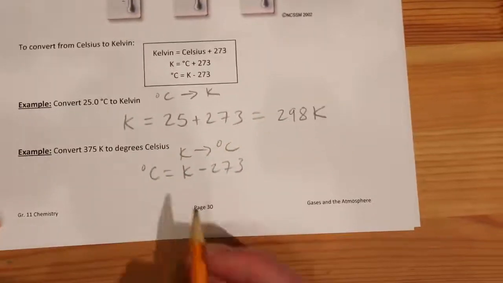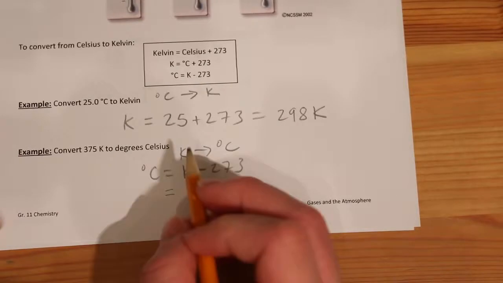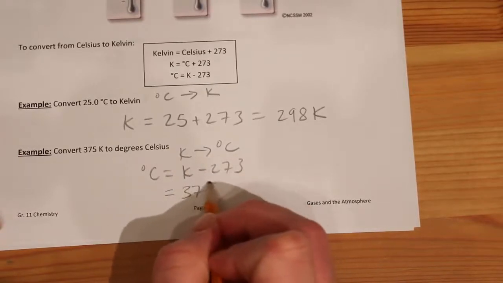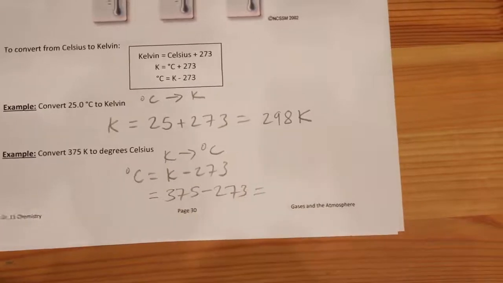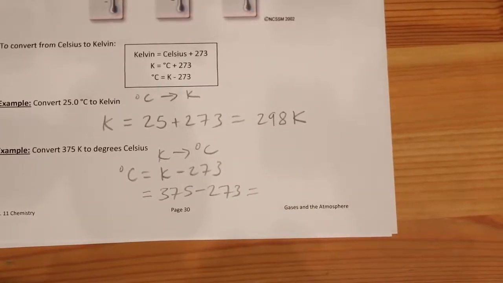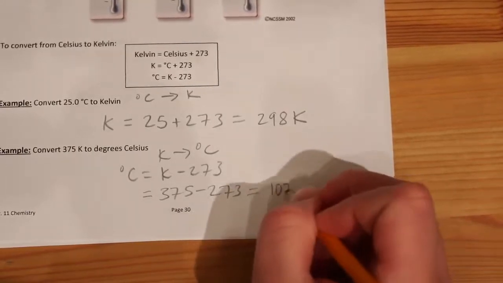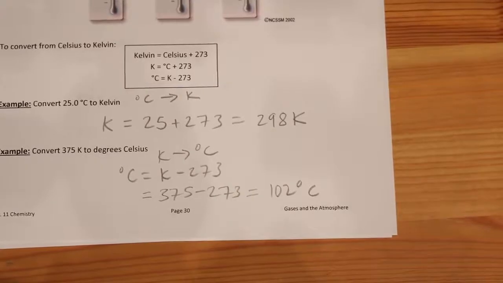So that's just going to be 375 minus 273, and that'll give us a final answer of 102 degrees Celsius. Don't forget your units, that's super important.